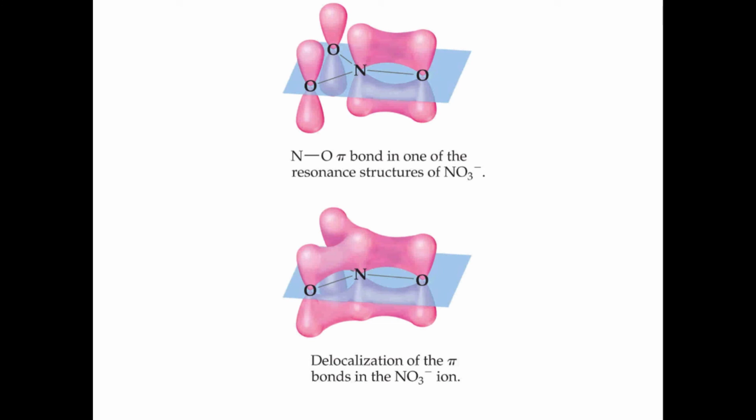And it gives us a lot of information. It tells us that the electrons should be well delocalized over this whole structure. And this actually has stabilizing effects associated with it.